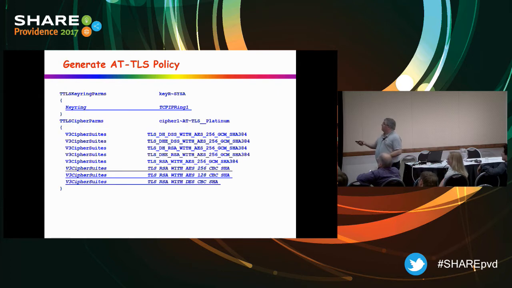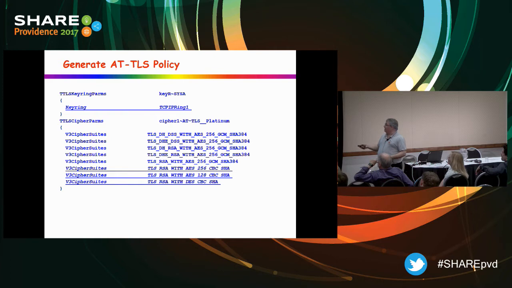Here's the key ring, that TCP/IP ring 1 that I created a couple pages earlier. That's where you specify that in the key ring parms. Now here, the cipher suites. Cipher suites is kind of the key to where everything is. This is going to be the strength of your encryption. Notice that here we have all AES 256 with SHA-384.